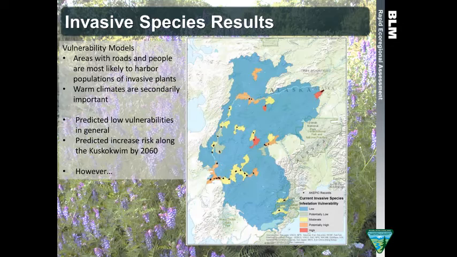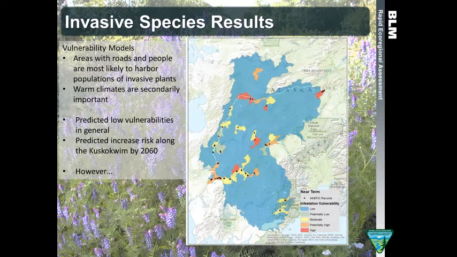As you can see from this map, we predict that there's pretty low vulnerability through the vast majority of this region currently. The places that do show potential for impacts are around these population centers like McGrath.